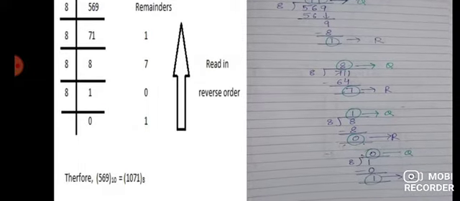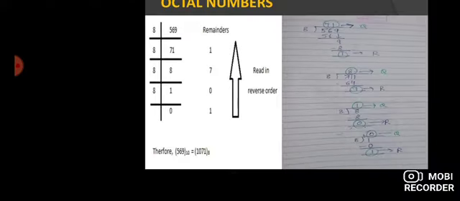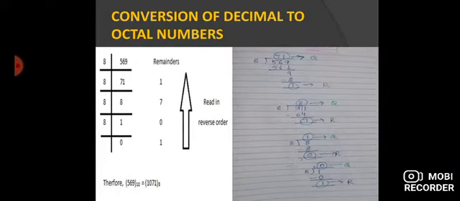Now if we see the answer, we will write the remainders from bottom to top. First we write 1, then 0, then 7, then 1. You see here we have written 569, that is a decimal number with base 10 on the left hand side, equals 1071 here with base 8. This is how we convert a decimal number to an octal number.